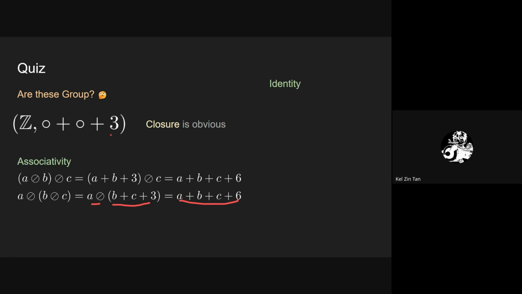So do we have an identity? To check identity, maybe we don't know what our identity is. So we let our identity be E. And then we know that when we do identity slash with identity, we should always get back the identity. So we just check, if this is the case, then I express this first part to here. After expressing into here, I get that E plus 3 is equal to E. Then I get my identity is negative 3.